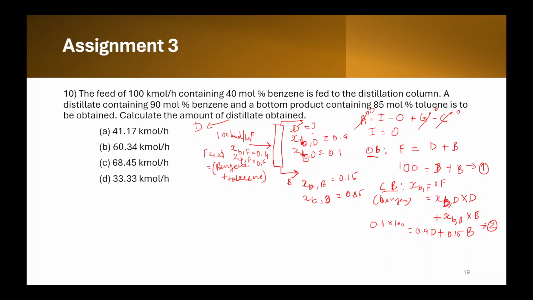We have two unknowns and two equations, so we can solve this.